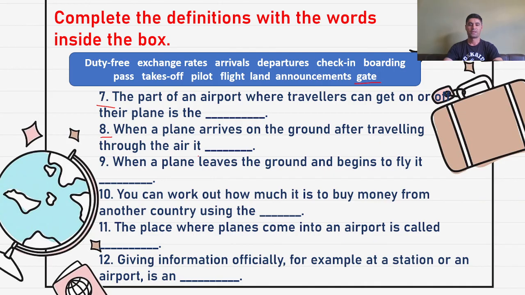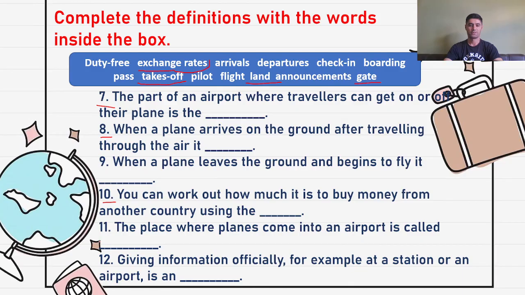Number 8, when a plane arrives on the ground after traveling through the air, it lands. We have only this word, so it lands. When a plane leaves the ground and begins to fly, it takes off. Correct. Number 10, you can work out how much it is to buy money from another country using the exchange rates.